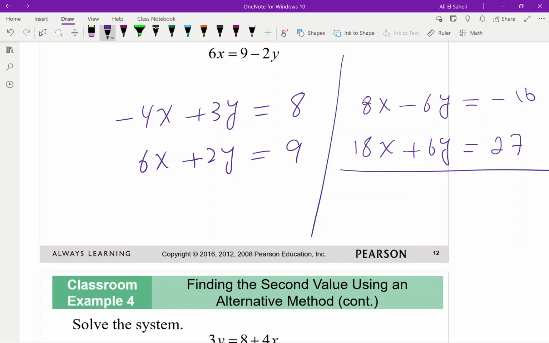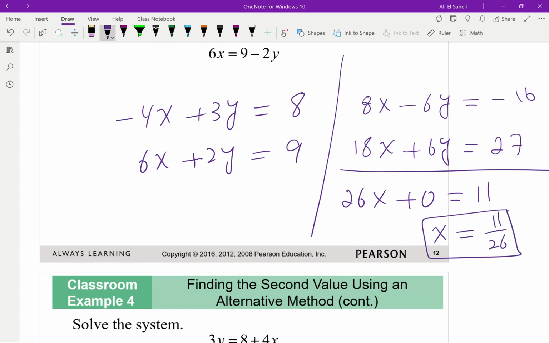Adding the two equations, 26x plus 0 equals 11. So x equals 11 over 26. So now we got x by eliminating y.